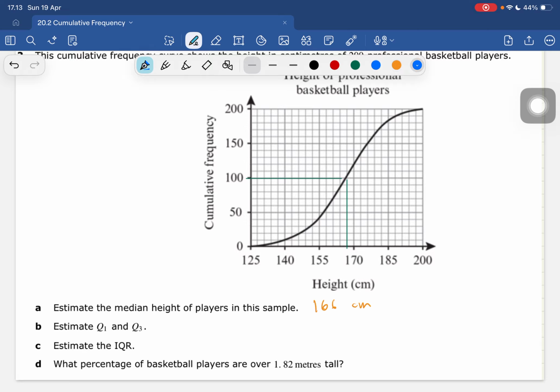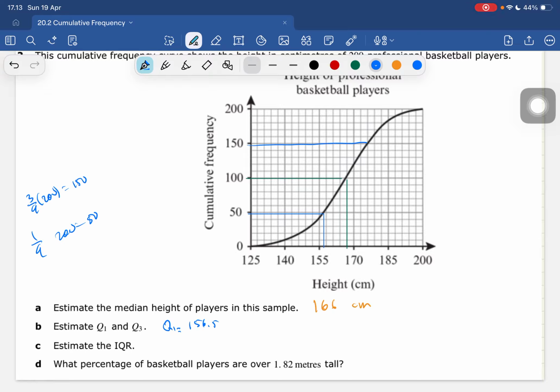Quartile 1 and then quartile 3. 1 over 4 of 200 is 50. So make a straight line for 50 cumulative frequency and go down. We can estimate quartile 1 is 156.5. Quartile 3 is 3 over 4 of 200, which is 150.